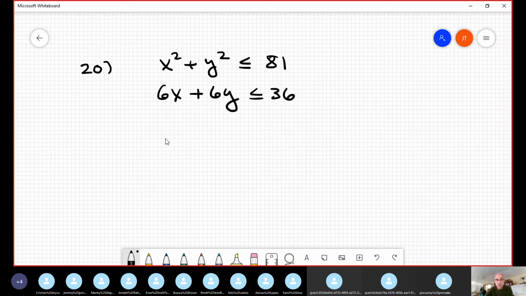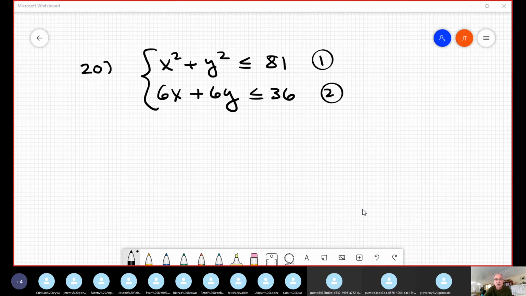This is inequality 1, sorry, inequality 2. The first inequality is non-linear, the second is linear. Okay, good, very good. Very, very similar.